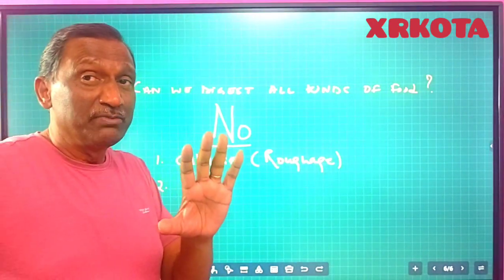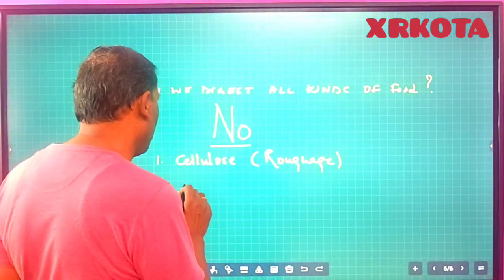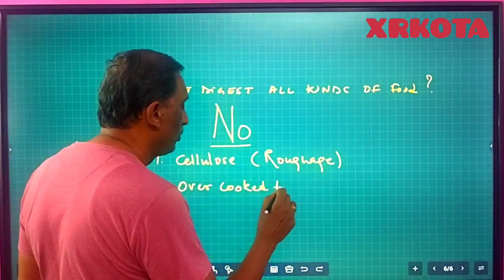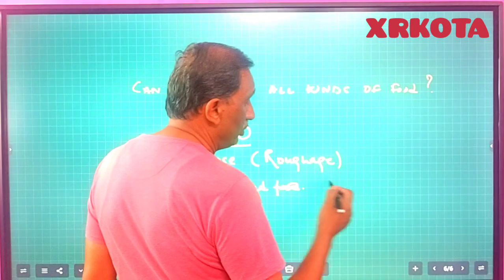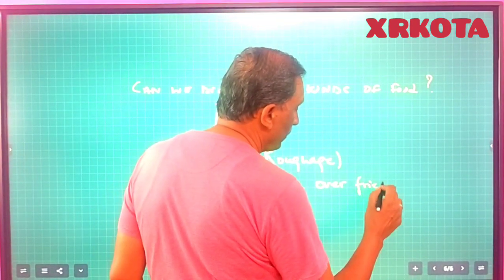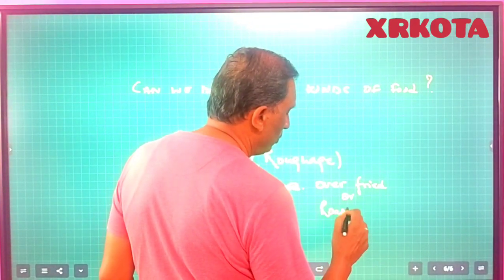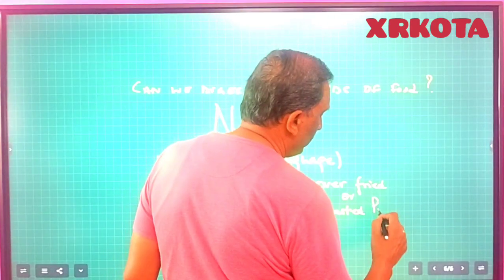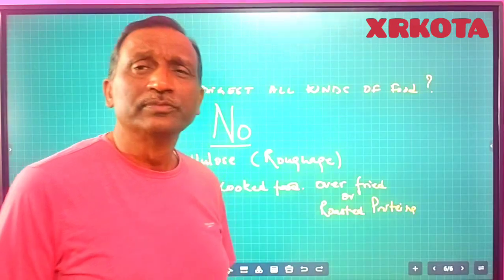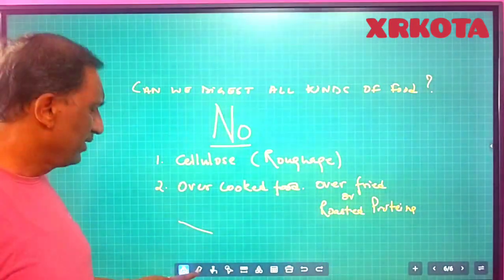इसके अलावा भी there are some substances which we cannot digest. We cannot digest overcooked food, like over fried or roasted proteins. ये खराब हो गए तो हम इसको डाइजेस्ट नहीं कर सकते. सो ये चीज़ें फिर बेकार जाएंगी, इनका कोई महत्व नहीं है.